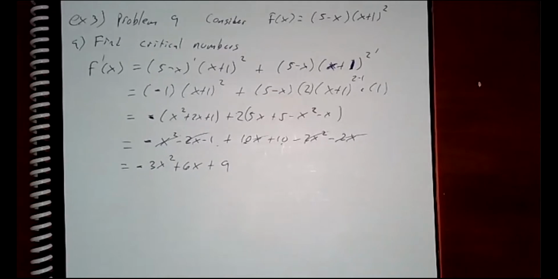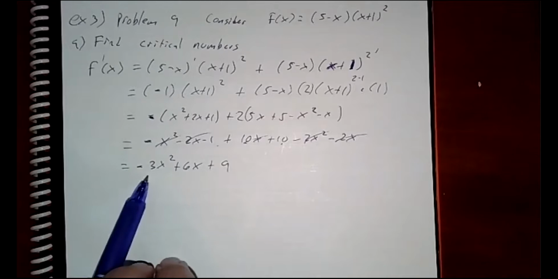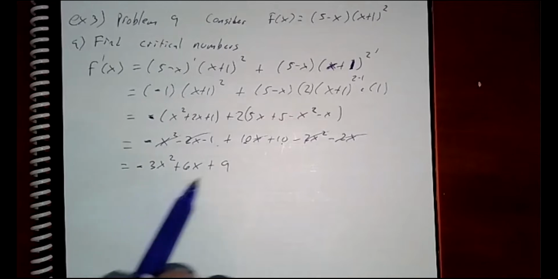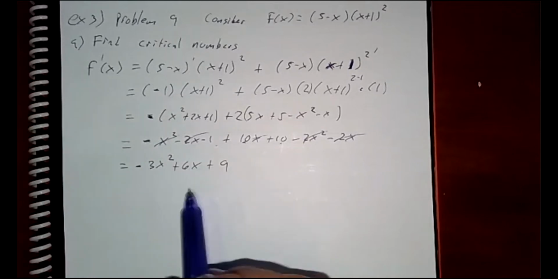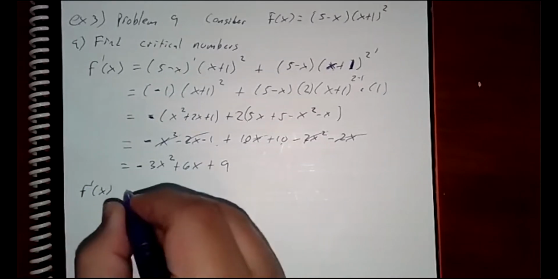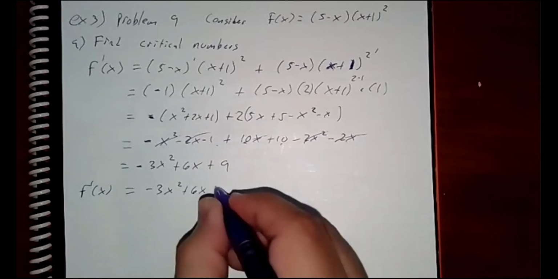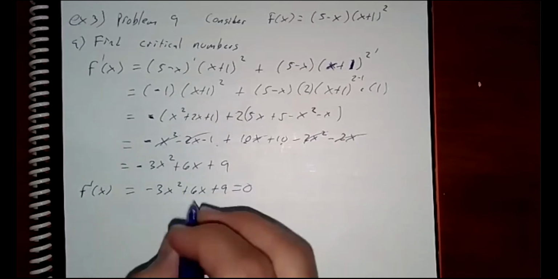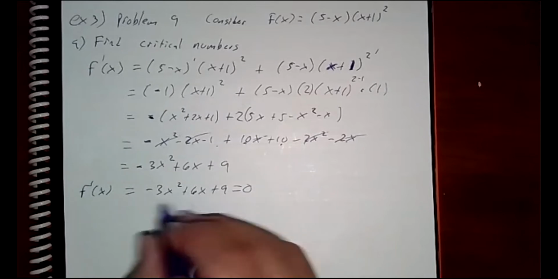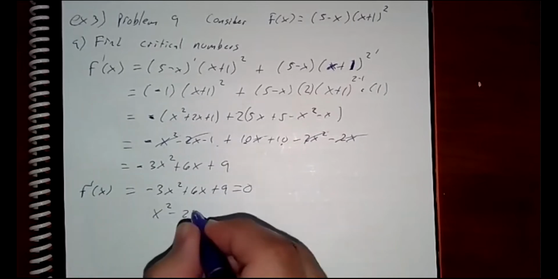So there's the derivative. Remember, to find the criticals, the only reason I did the math was because I need to set it to 0. And the easiest way to solve this is to make it as simple as possible. So the derivative equal to 0 would, if we divide everything by -3, give us this, right?